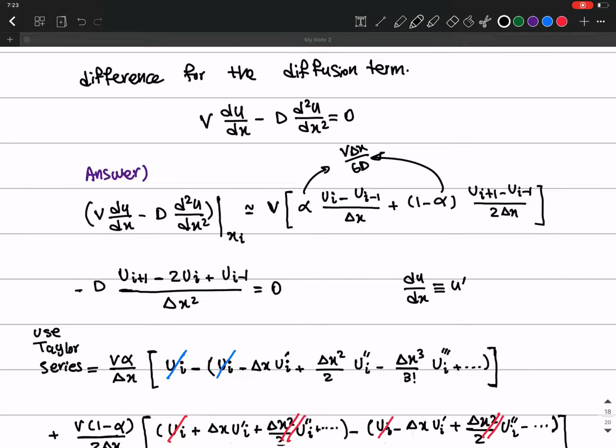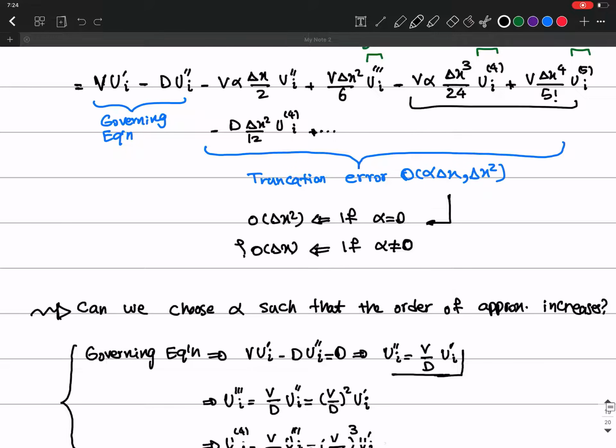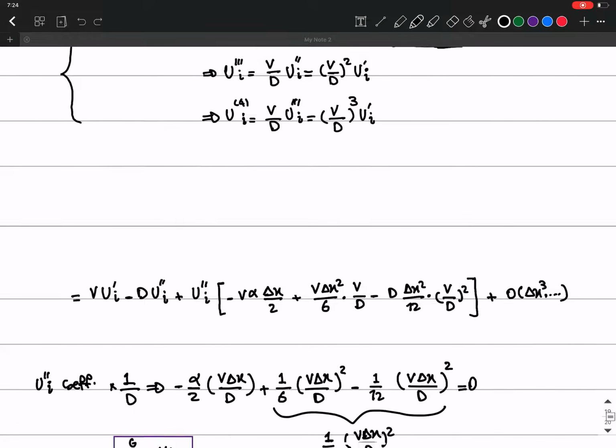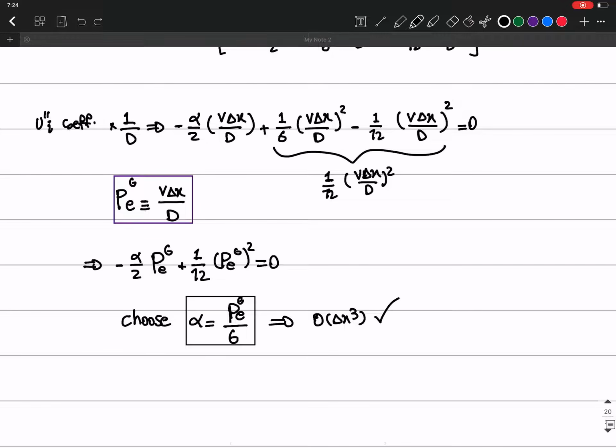So it's going to be order delta x cube, which is interesting, right? It's the same number of points, and just by changing the alpha in this equation, I am able to increase the order of the accuracy. So the answer to this question is yes. We can do that, and if we choose alpha to be Péclet over 6, then we are going to have a higher order approximation.